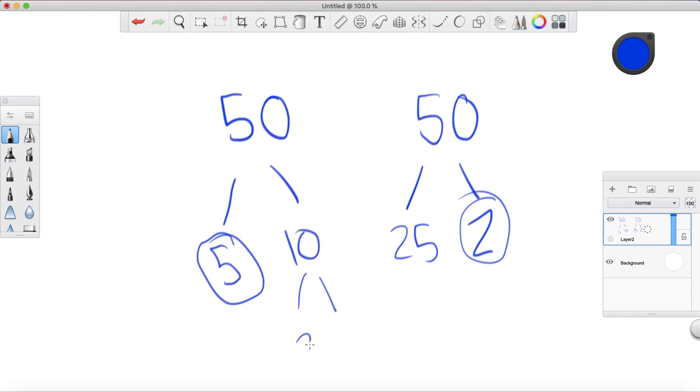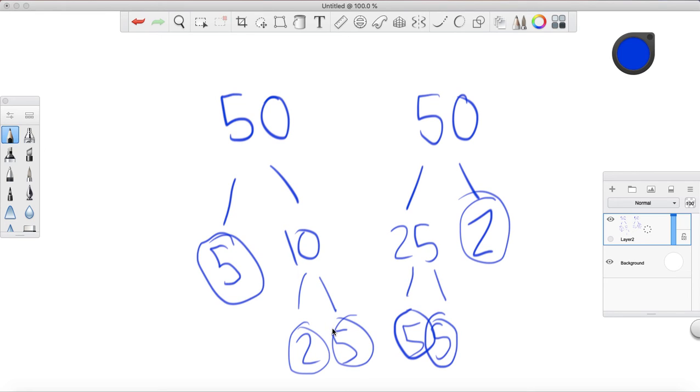Then we move on to the 2 and 2, 2 and 5. And then here it would be 5 and 5. Now let's circle all of them, and let's see what we find. See? We have the same circled numbers. 2 right here, another 5, another 5, another 5.